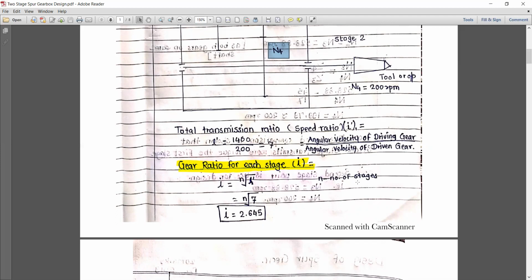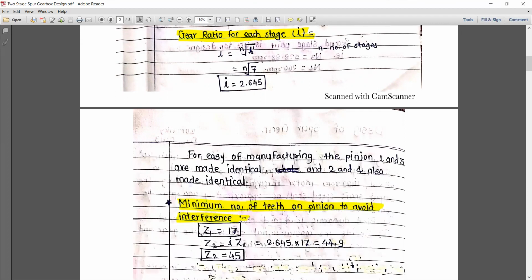So if you want to do it in two stages, you need to find the square root of I dash. It's nothing but the square root of 7. What do you get? I is equal to 2.645. So in each stage your transmission ratio will be 2.645. Now here, for an easy manufacturing process, gears 1 and 3, and 2 and 4, we can make identical.